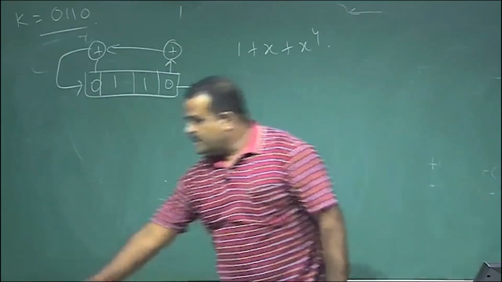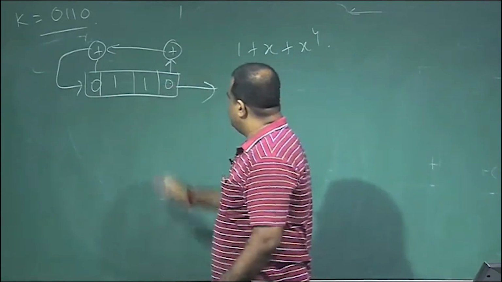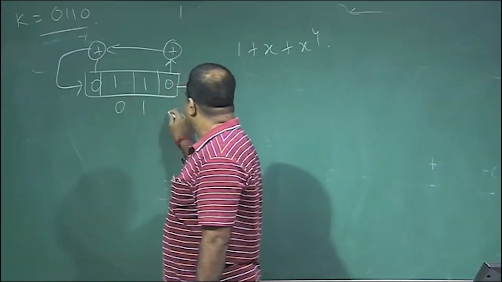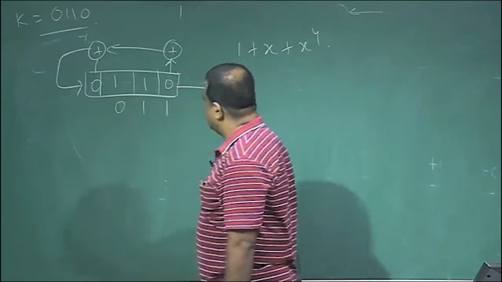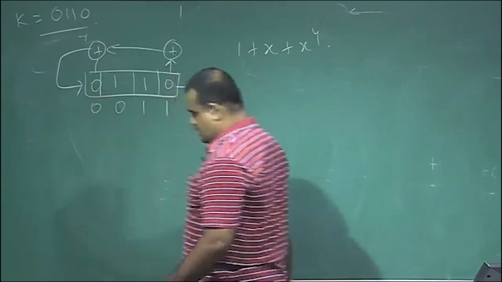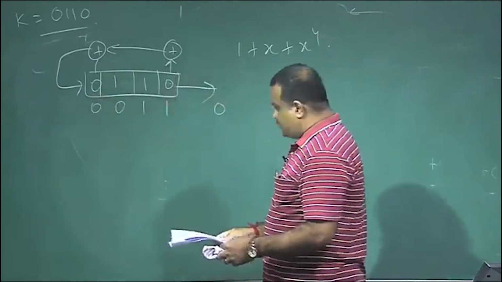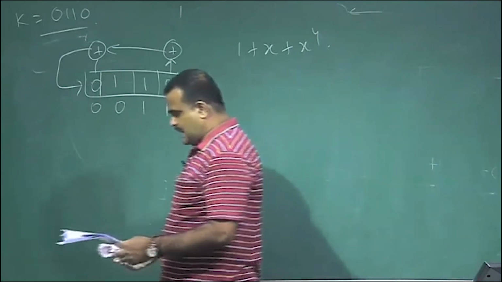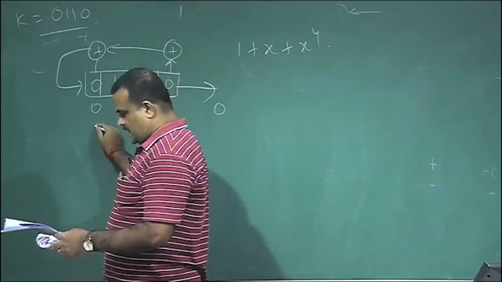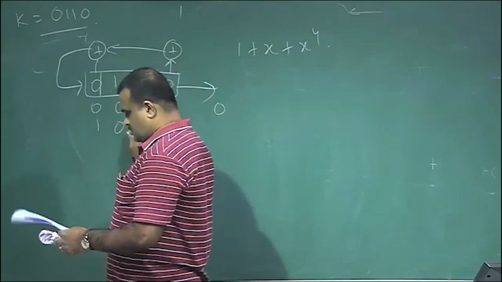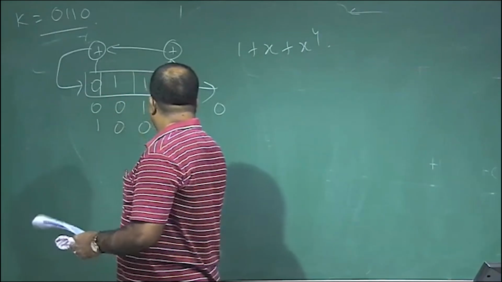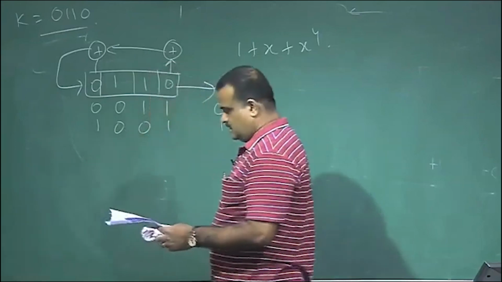Okay. Now if we run this, in the first shot this will come here, this will come here, this will come here, and 0 will be out. And what about this? This will be the XOR between these two. This is the first step, and next we have 1 0 0. This will come here, and this will be 1 1 like this.